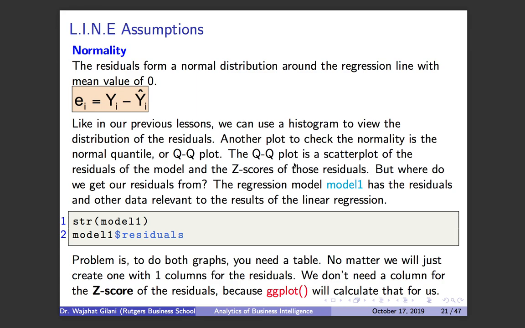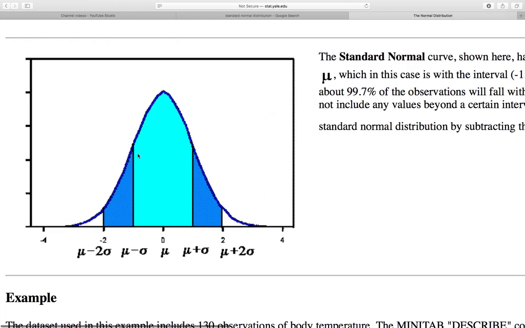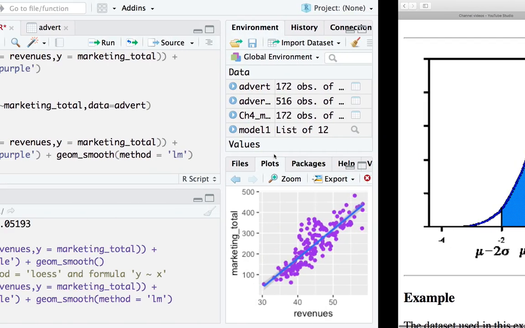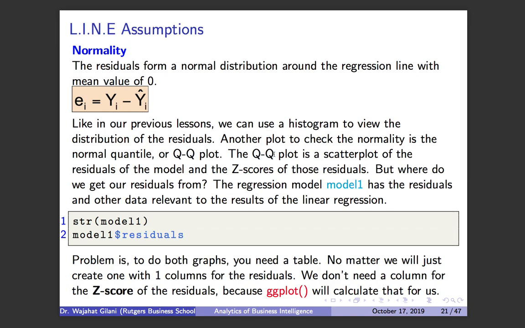So what does it mean by normal distribution? Let me first get a bell curve up for you. Let's take a look at a standard normal distribution. Check out this image right here. Hopefully you now understand what I mean by the error terms: they should have a mean value of 0.